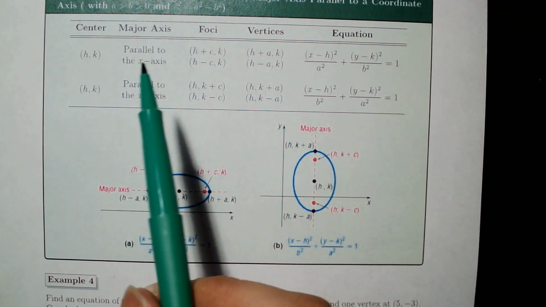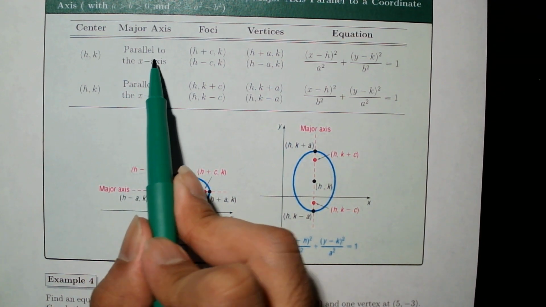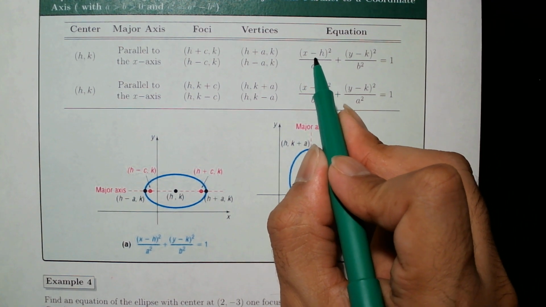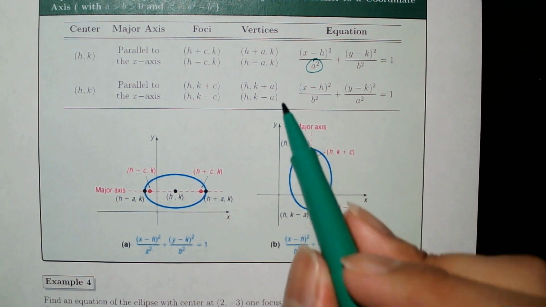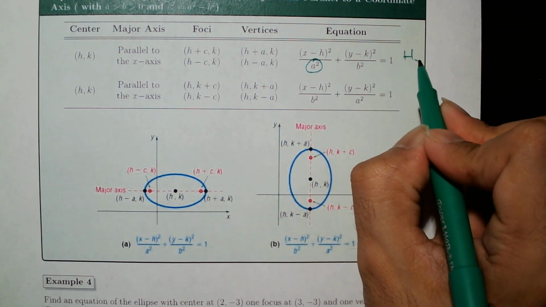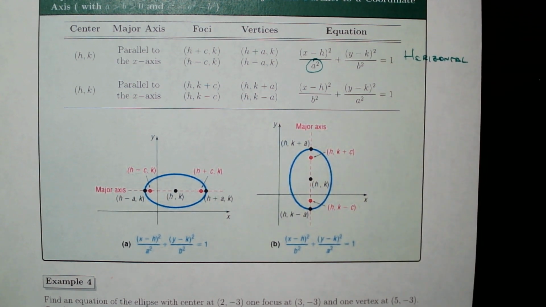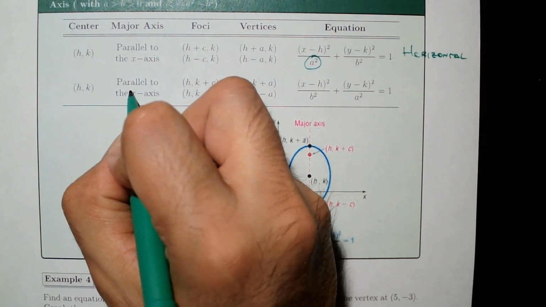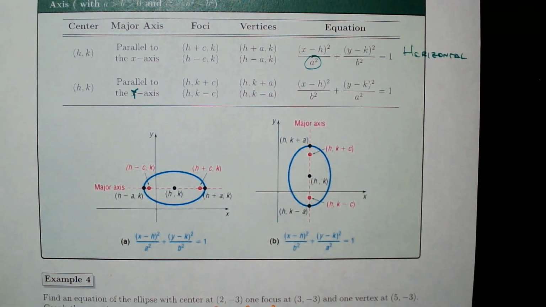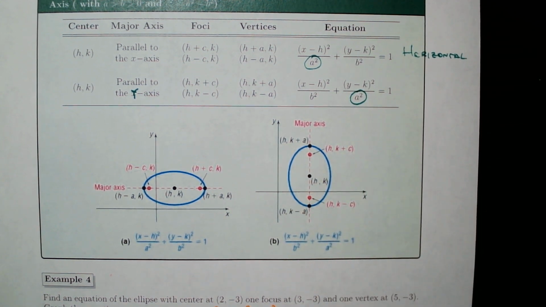For ellipses whose major axes are parallel to the x-axis, the largest denominator will be that of the variable x. That is for horizontal ellipses. For vertical ellipses, or parallel to the y-axis, there's a little typo here, the largest of the denominators will be that of the variable y.